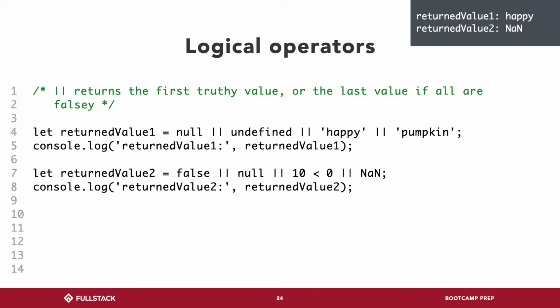So it just returns happy, and then in the if, it will coerce happy into a boolean. Here, it will return NaN, because NaN is falsy, and nothing before it is truthy, so we had to look for that one truthy value. Make sense? Good?